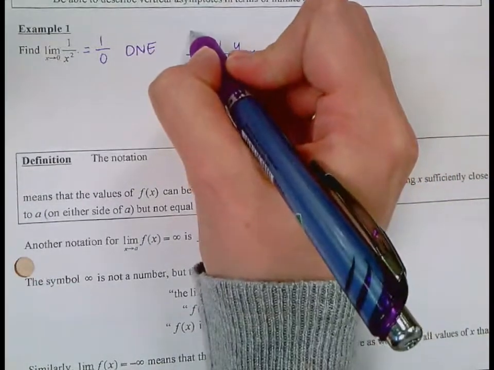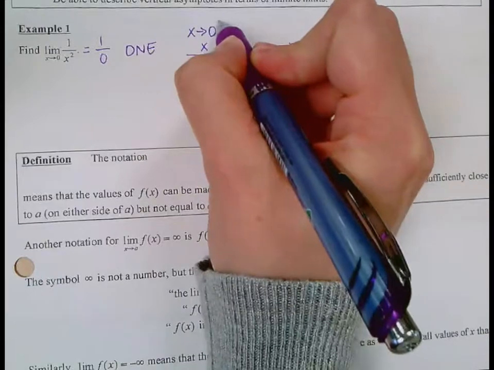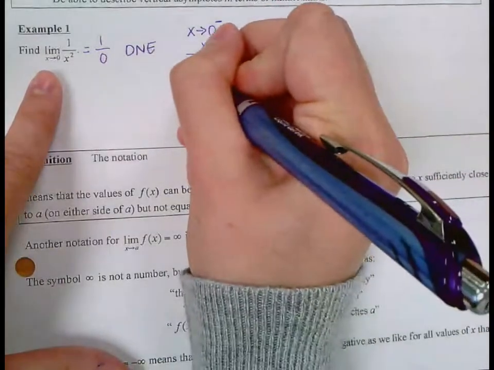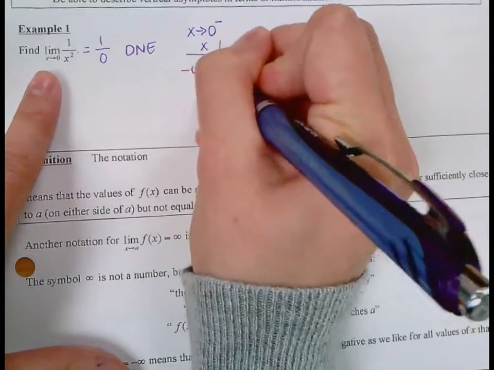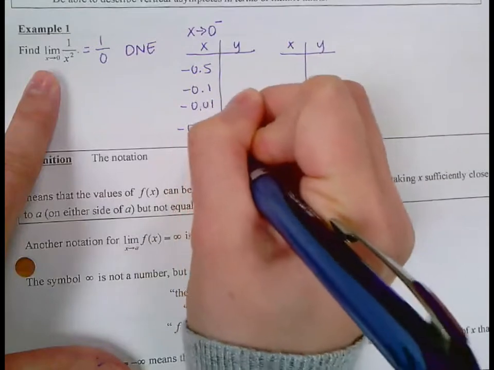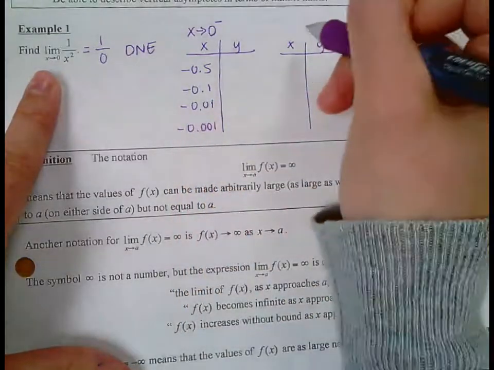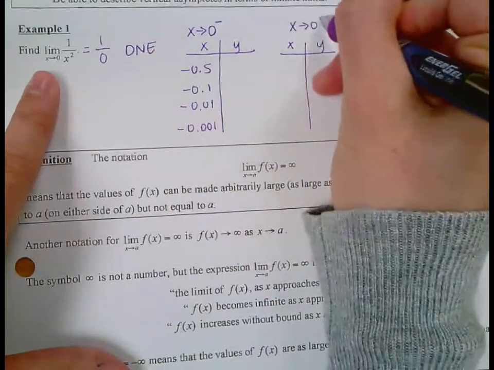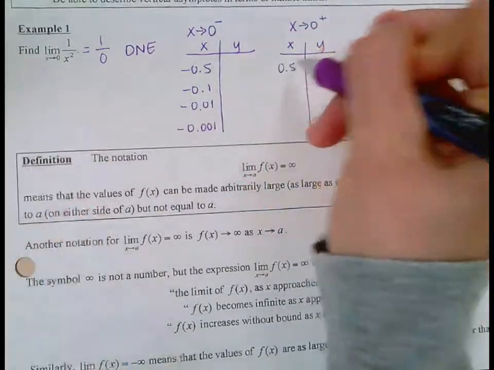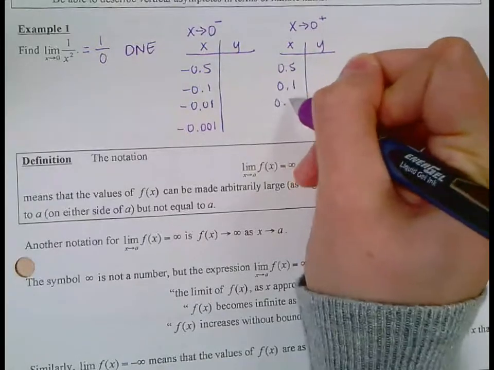So in this first table, I'll say x is approaching 0 from the left. So values less than 0, I'll just do, say, negative 0.5, negative 0.1, negative 0.01, negative 0.001. And then when x is approaching 0 from the right, I'll use the opposite of each value. So just the positives of those.